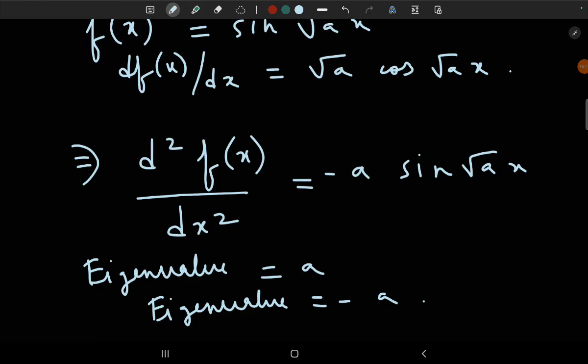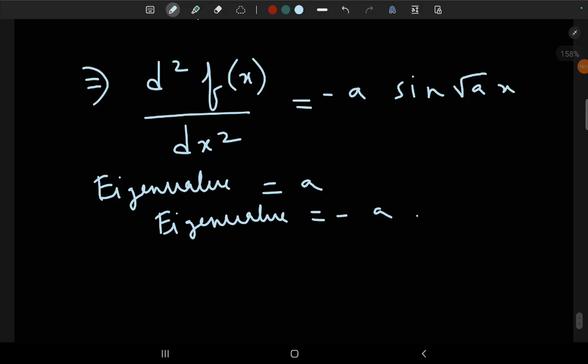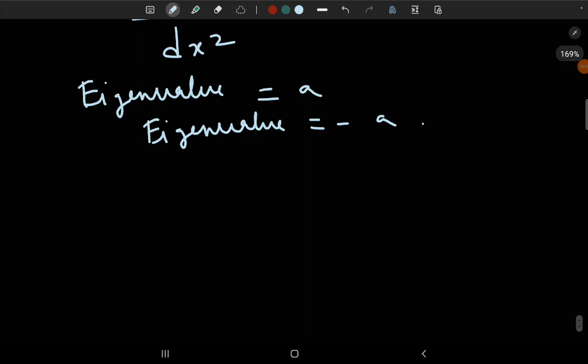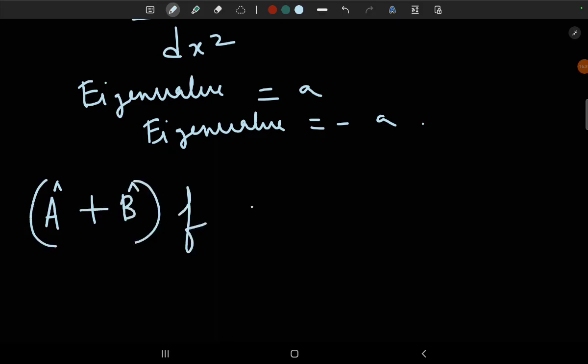Okay, so these are some pieces of information. Let's go straight back to some problems. The first problem I would like to bring to your mind is a very fundamental property of operator algebra: if you have a sum of operators acting on f, this is equal to Af plus Bf. Do not confuse this with the linearity property, but this is a property which will also hold here.